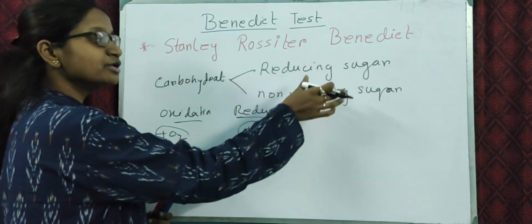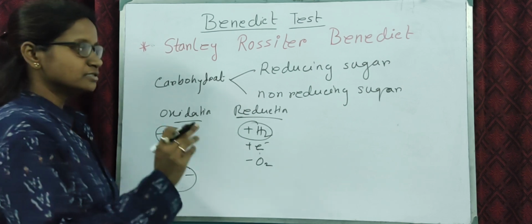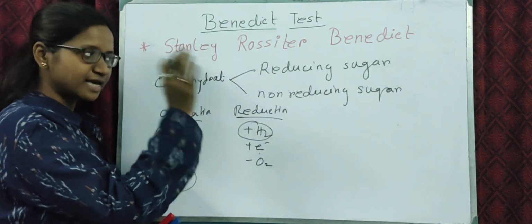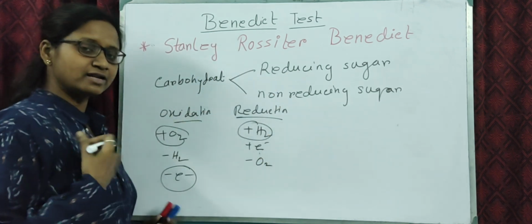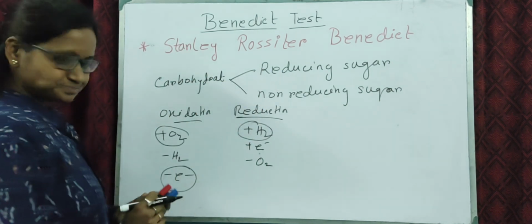That's why it is called a reducing sugar, because it reduces other components. So reducing sugars are reducing agents that reduce another substance and get oxidized themselves.